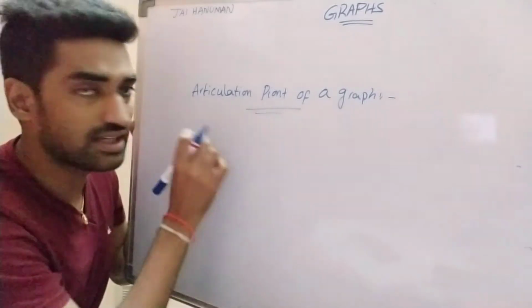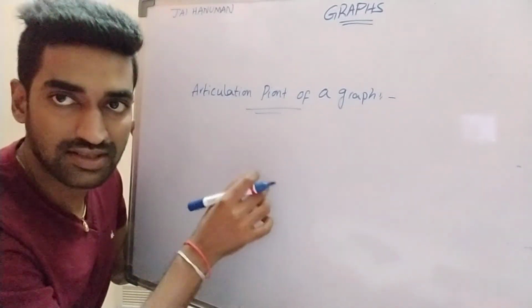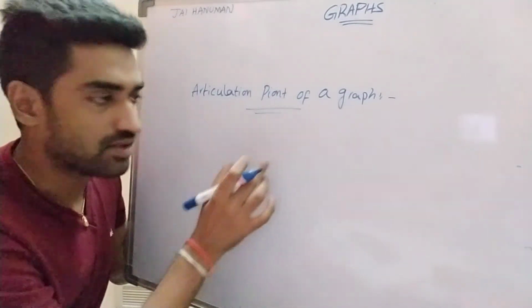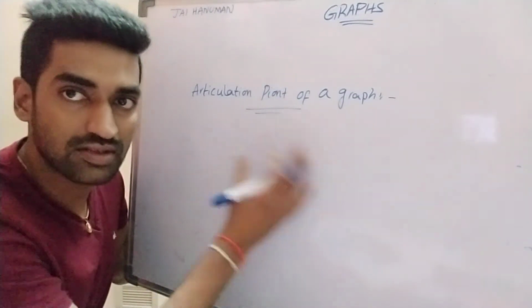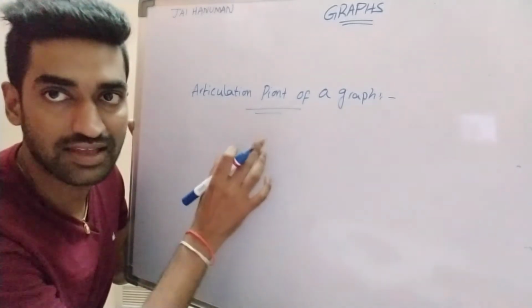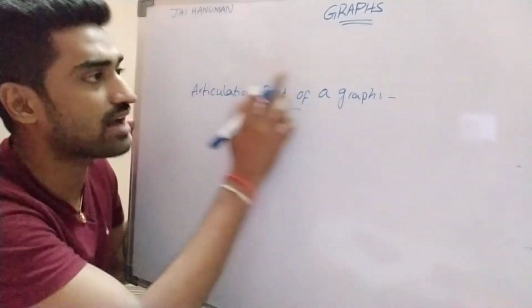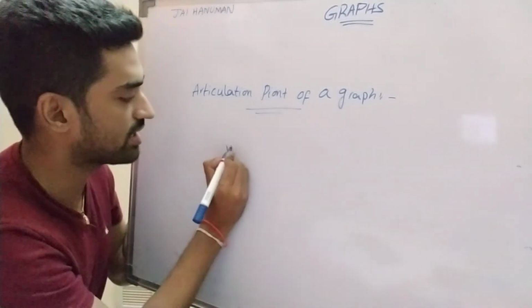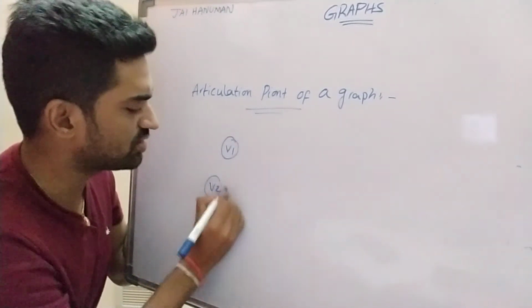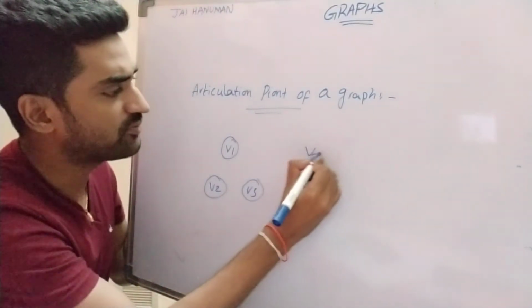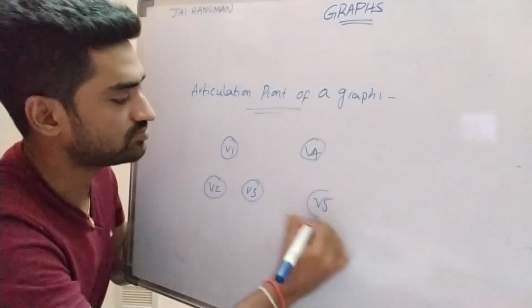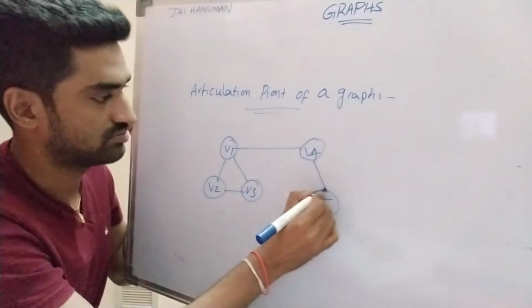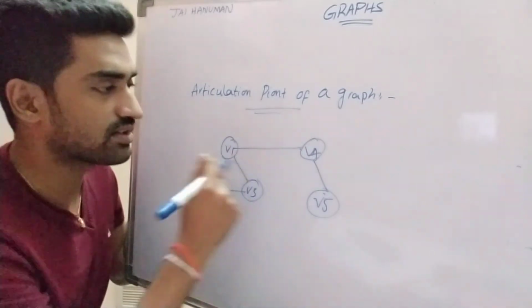Here I am taking one example with vertices V1, V2, V3, V4, V5. So this is our graph.